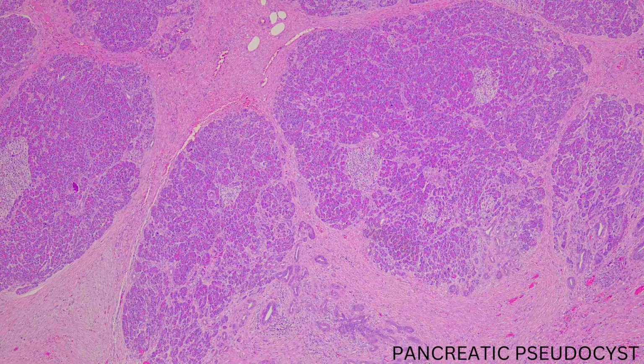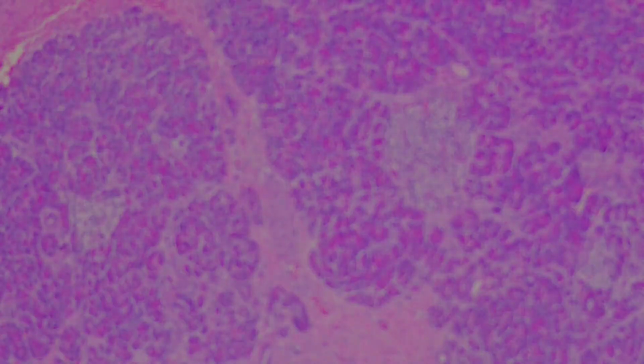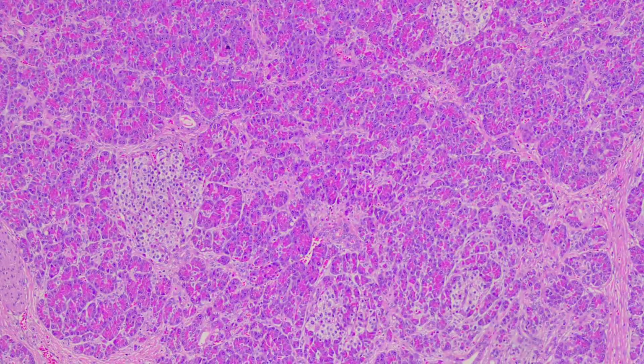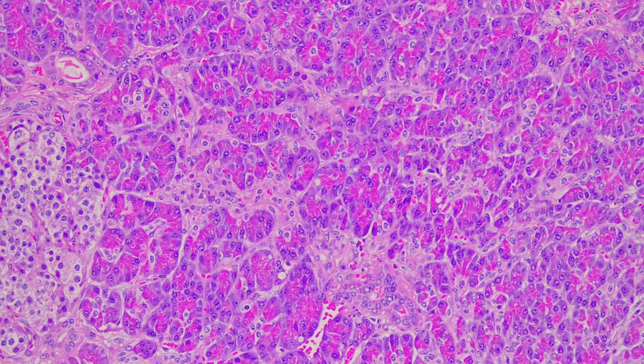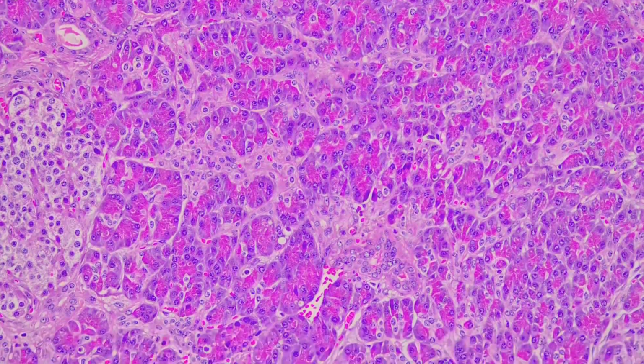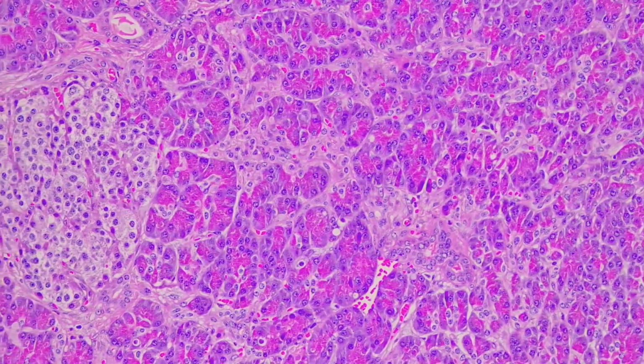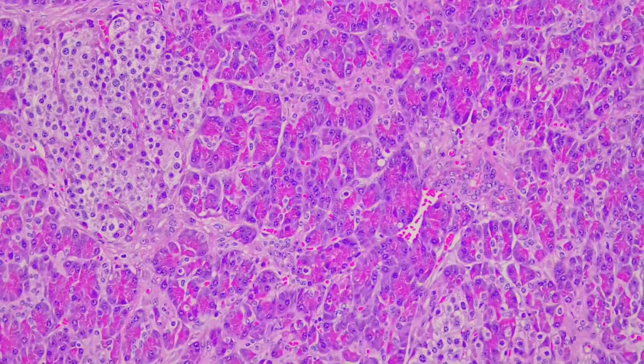The exocrine component is composed of acinar cells, lined by acinar epithelium, and the pale island is an islet of Langerhans. A closer view of both the exocrine and endocrine components.